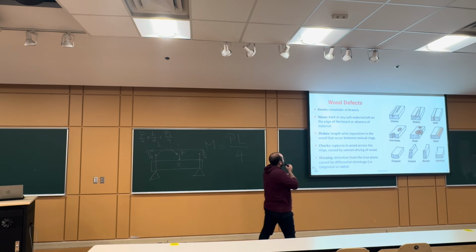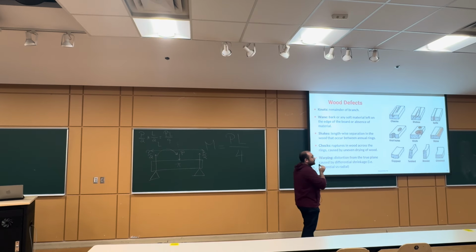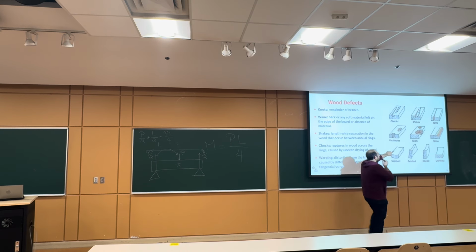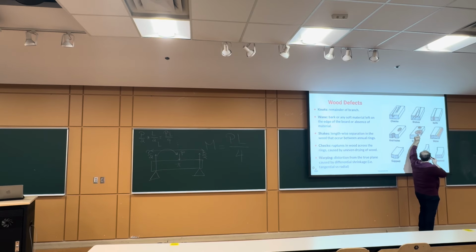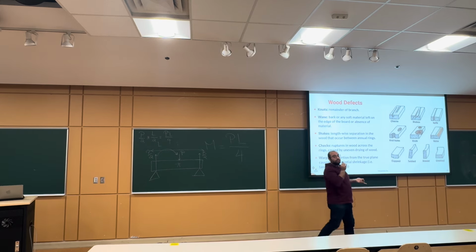So first, we can see the knots, and the knot is simply the remainder of a branch. If we have a branch that extended into a piece of wood on the surface of the log, and we have this piece of wood from the surface, we can find those knots here with those circular marks, and those circular marks resemble the same position or location of a branch that was extending from this side.